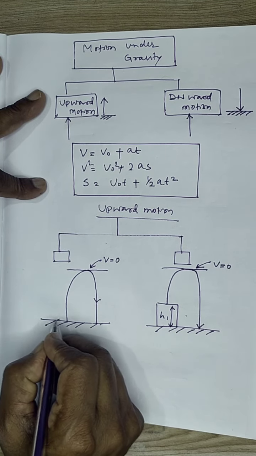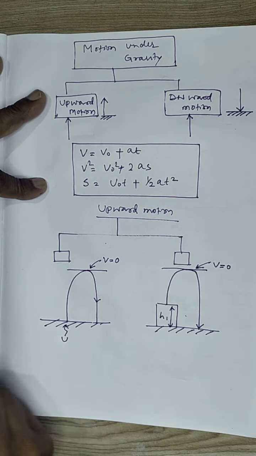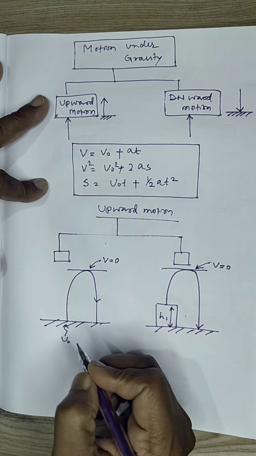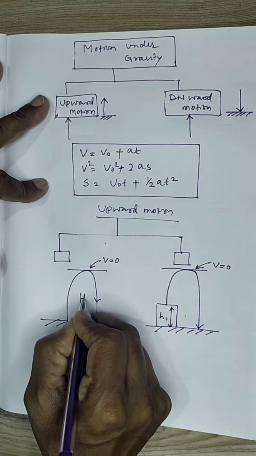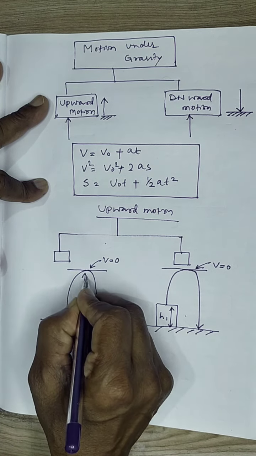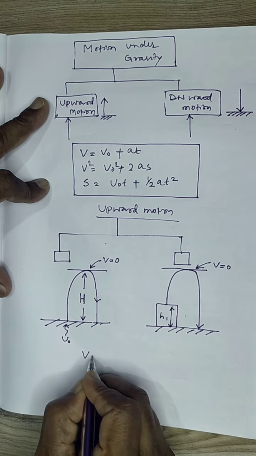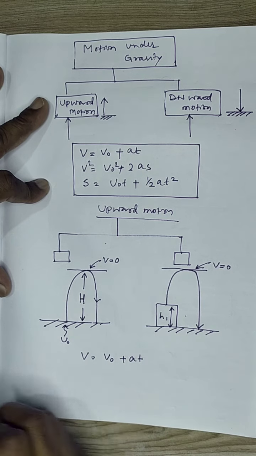If the body is thrown with an initial velocity u or v0 and it has reached a certain height h, using the kinematic equation we say v is equal to v0 plus at.